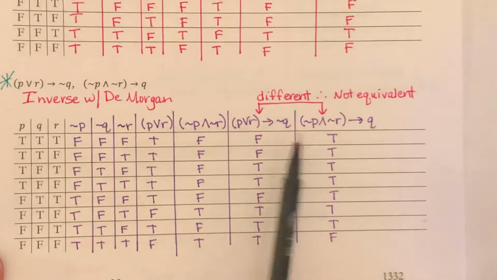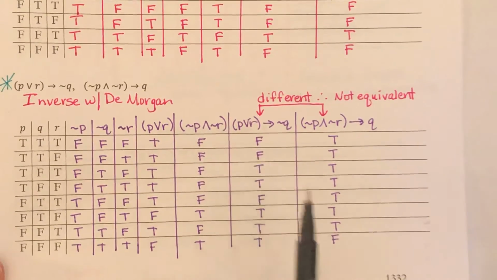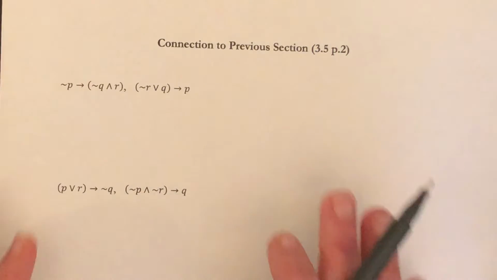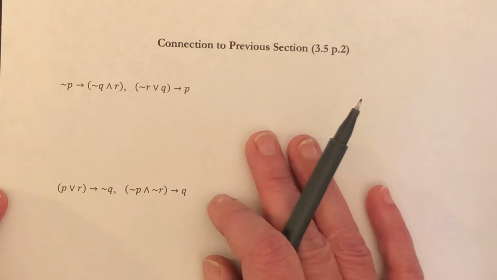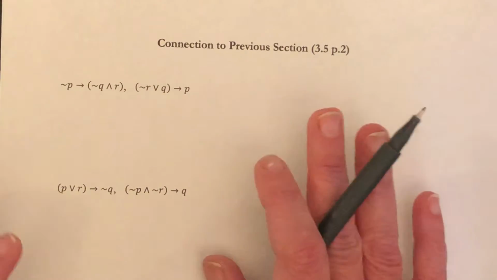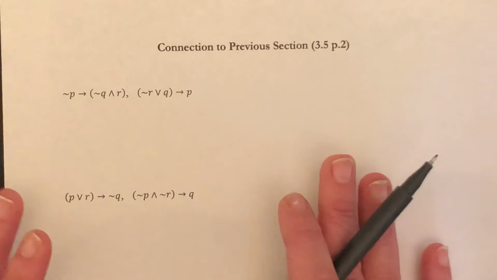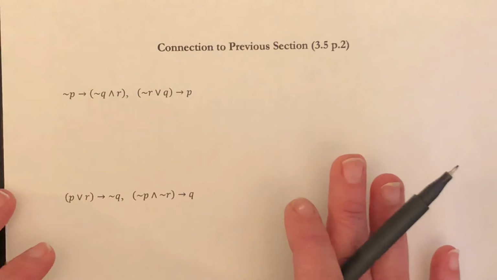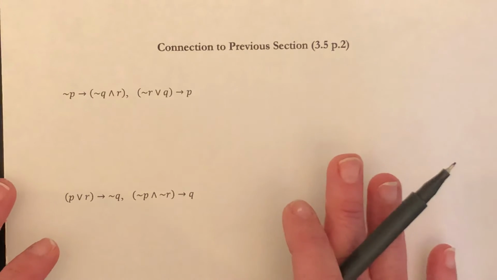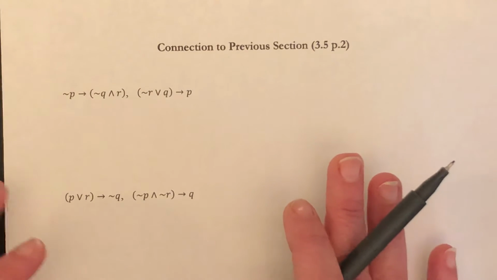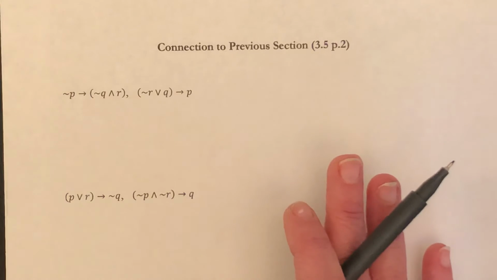And we did that with these two. What I've got here are the same two problems. And I'm going to show you an alternate way of figuring out that these are equivalent or not equivalent. If they are equivalent, I should be able to rearrange things a little bit and make them match.